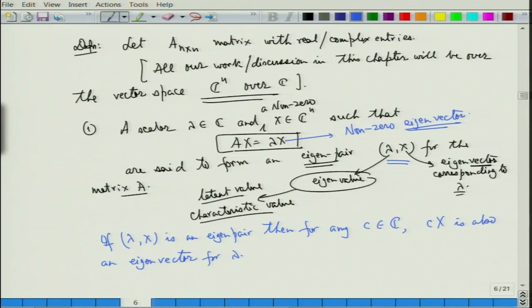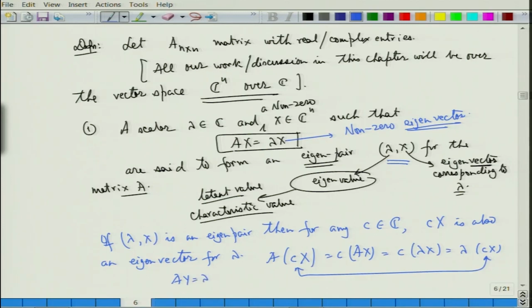Verify it: A times Cx is equal to c times Ax, which is nothing but c times lambda x, which is the same as lambda times Cx. So you can see that you get Ay equal to lambda y, where y is equal to c times x. Fine. So any multiple of an eigenvector is also an eigenvector.